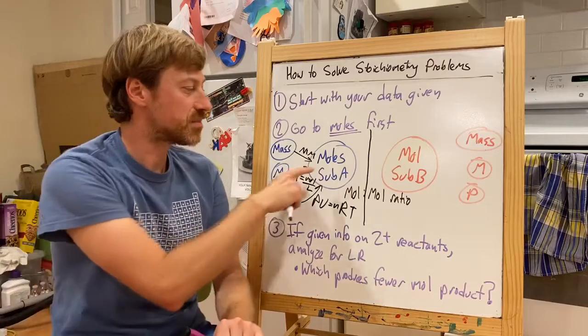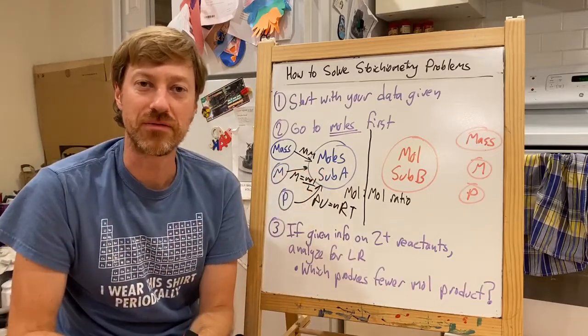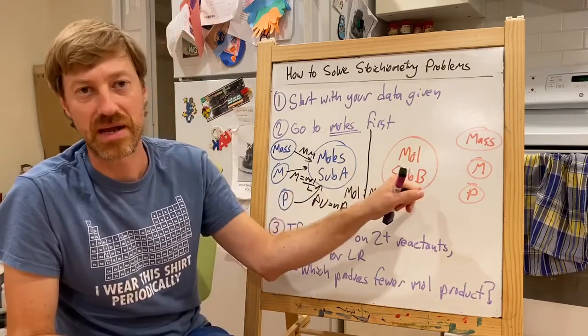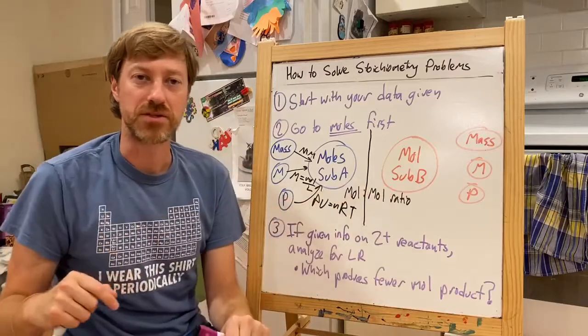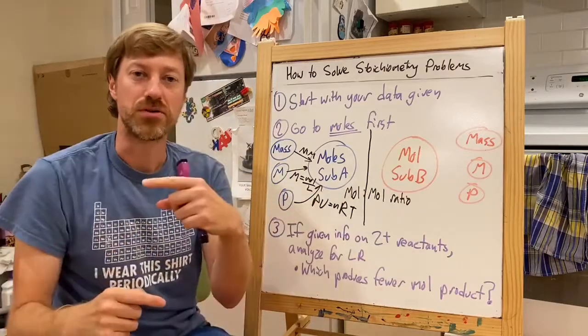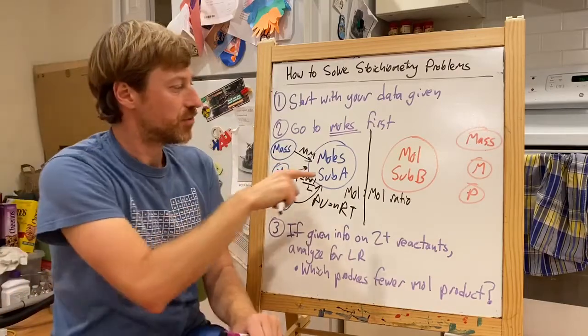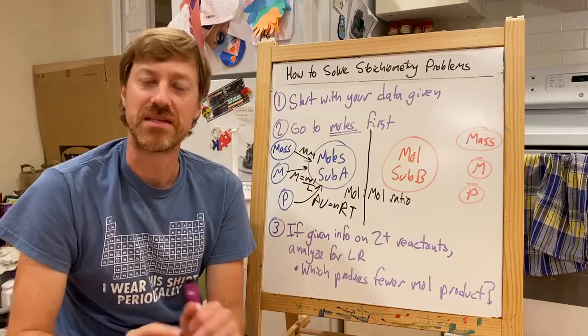Now, why did I say substance A as opposed to a reactant? Because sometimes the information you're given is about a product, and you essentially have to figure out information about a reactant. Using the mole-to-mole ratio, you can go any way in an equation. You can go towards products, you can go towards reactants, you can figure out information about another reactant. So maybe substance A and substance B are both reactants, okay? It doesn't matter.